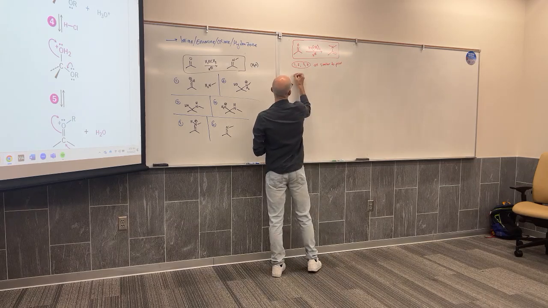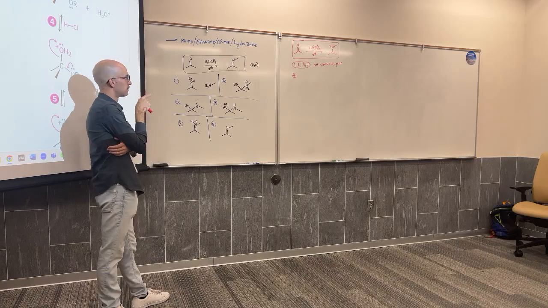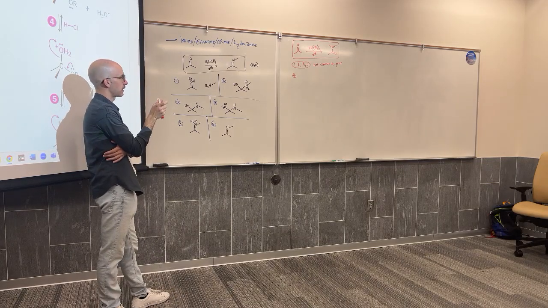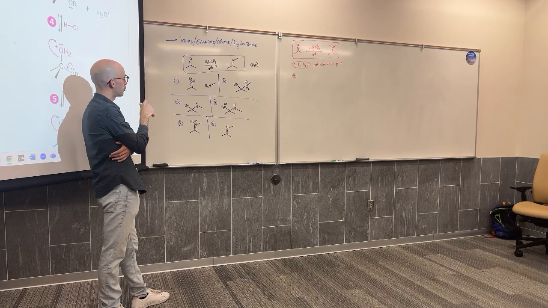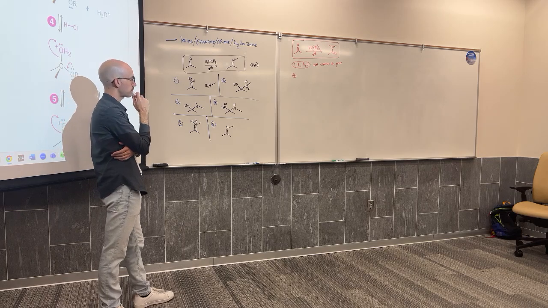All right, now just quickly, what I want to show is how the formation of the enamine differs just at the last two steps from the formation of the imine, the oxime, and the hydrazone.